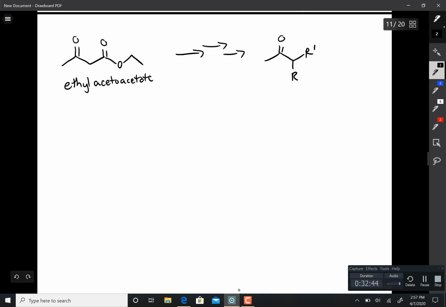It can be used to put two R groups on the center carbon. This problem is going to be in the problem set.